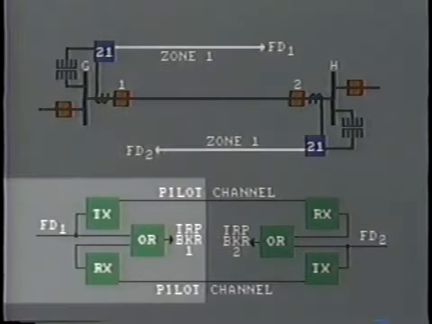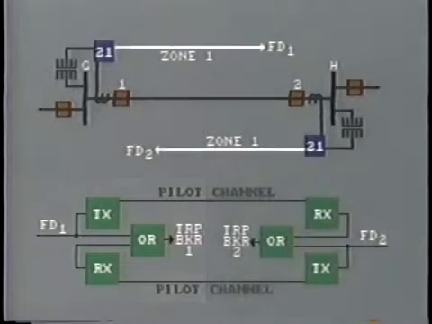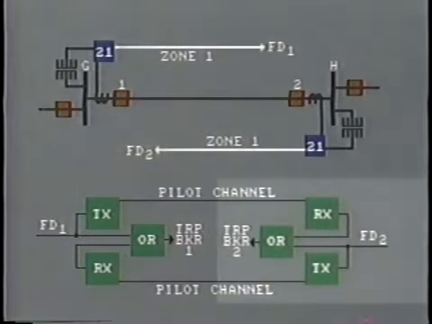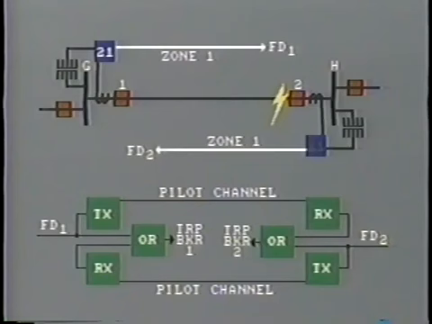This is the logic at station G, connected by the pilot communication channel to the logic at station H. The protective relays are referred to as fault detectors. With a fault in the last 20% of the line, the fault detector at station H recognizes the fault and sends a positive signal to this box, which is marked OR.